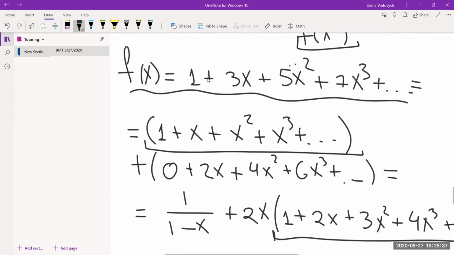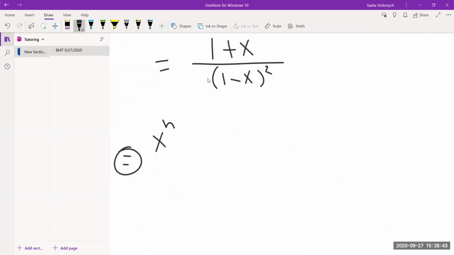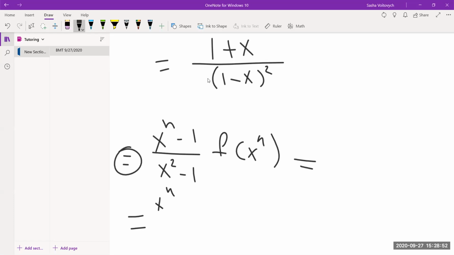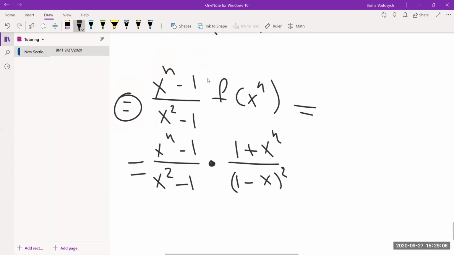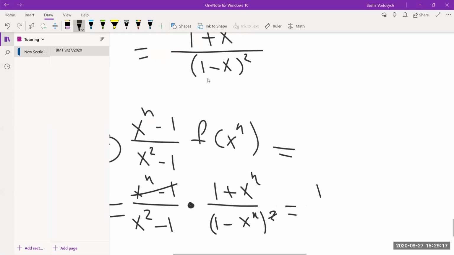So we had x to the power n minus 1 over x squared minus 1, f of x to the n, which is equal to x to the power of n minus 1 over x squared minus 1 times 1 plus x to the power of n over 1 minus x to the power of n squared. So these two cancel, and we get something like this.